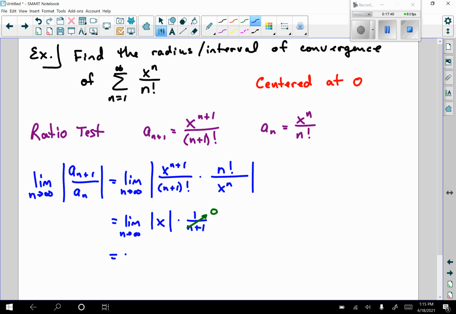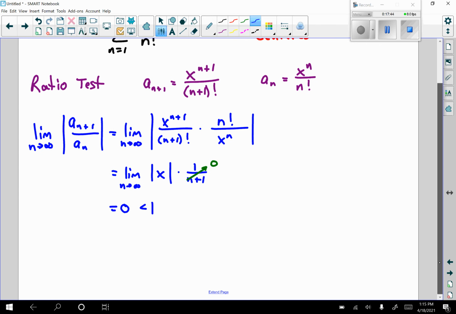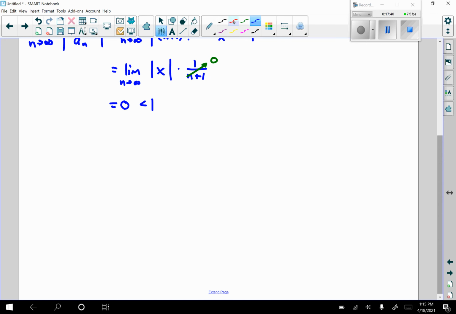So then this whole thing will just become 0, which is always less than 1, because remember, x is fixed. So we could even think of this as x over n plus 1 will go to 0 as n goes to infinity. So this series converges for any x.